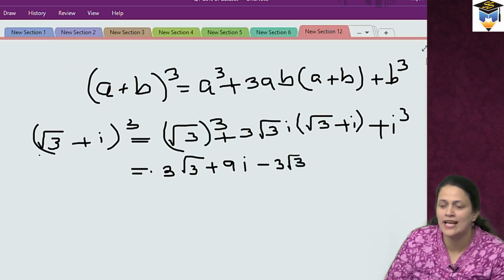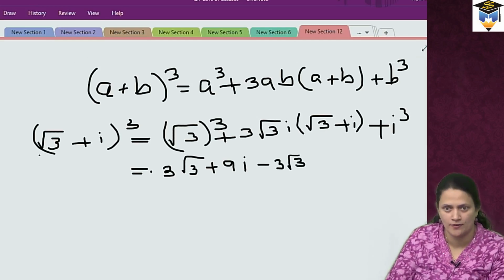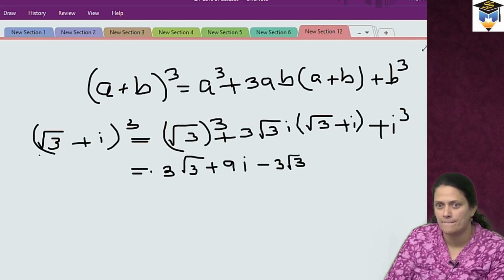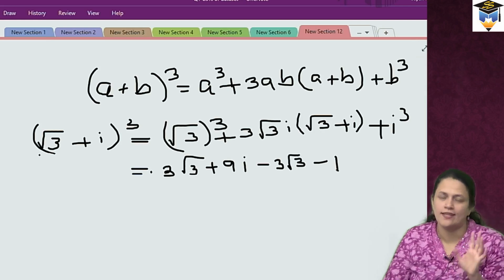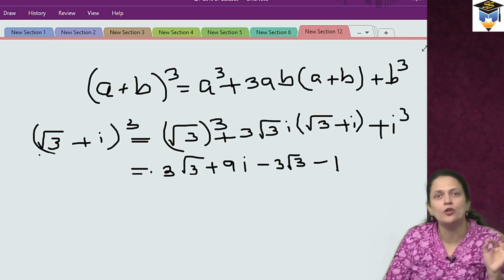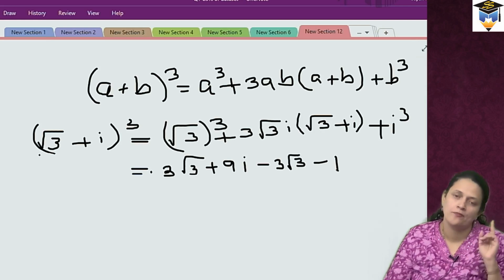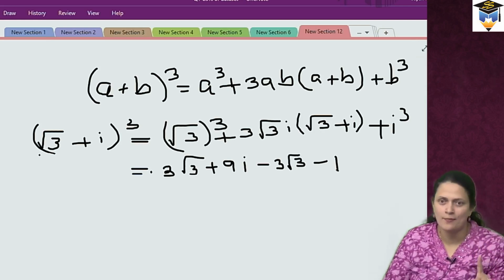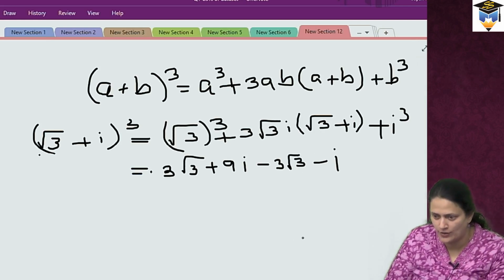And plus what is i cube? See, how do we write i cube? i cube is i square into i. What is the value of i square? Minus 1. So it is going to be minus i. So I am going to write it down as minus i.